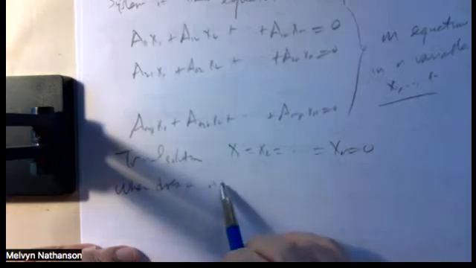That's when you set all the variables equal to 0. And then, of course, you get 0 equals 0 for every equation. And the question is, when does a non-trivial solution exist?